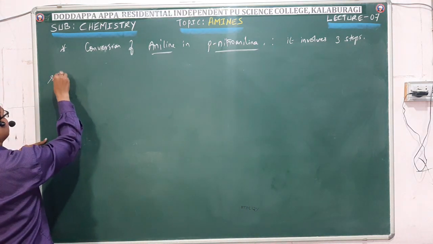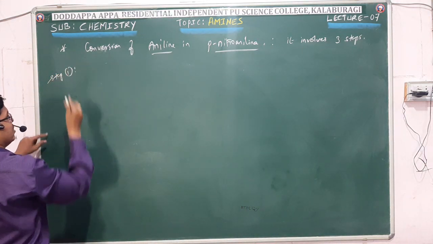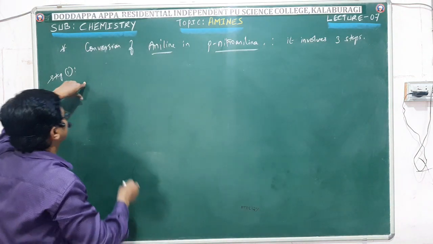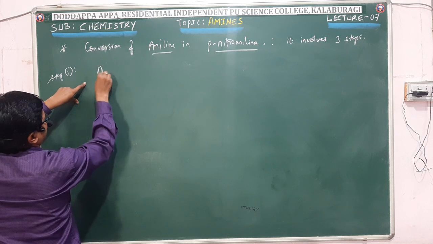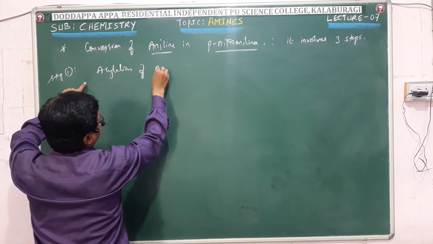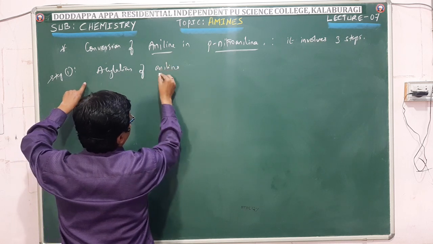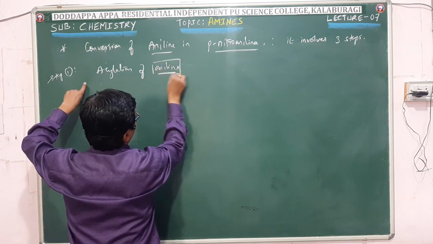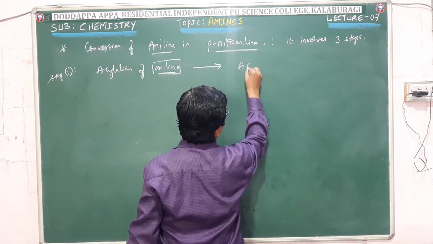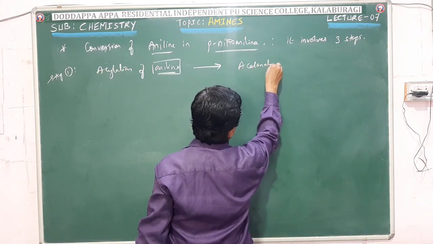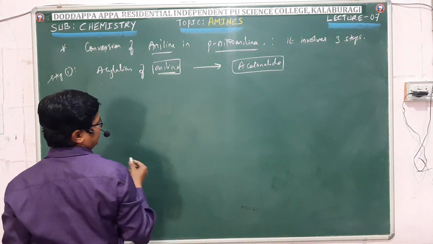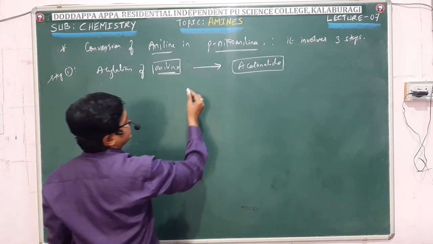Step 1, that is deactivation of the amine group, that is acylation of aniline to form acetanilide. That is by adding acetic anhydride.